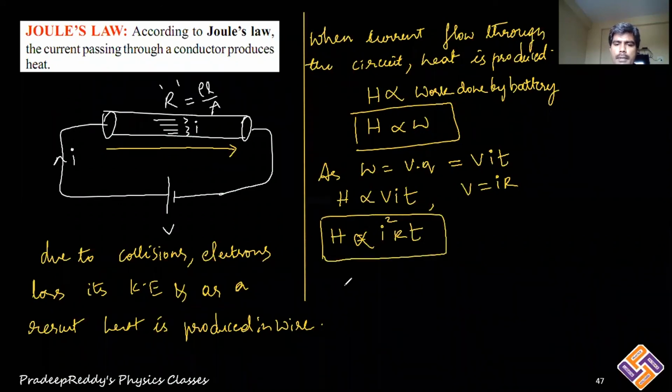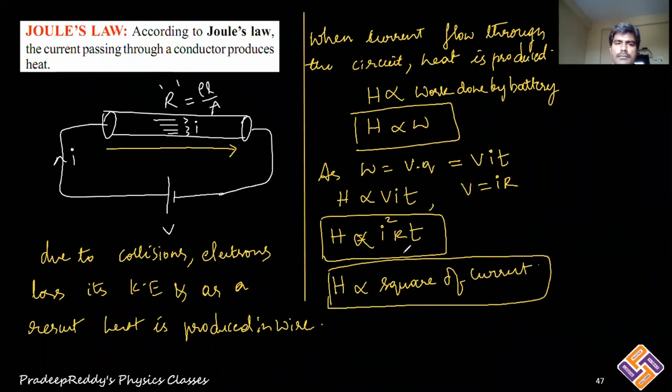Therefore, you can simply write heat produced in the circuit is directly proportional to square of current, where resistance is constant for that particular wire, and T is time taken. Of course, H is directly proportional to I square if R and T are constants.